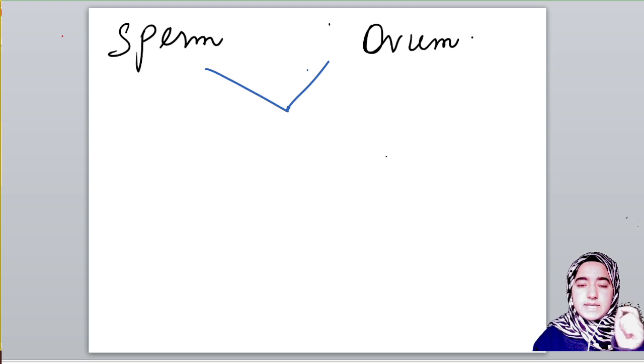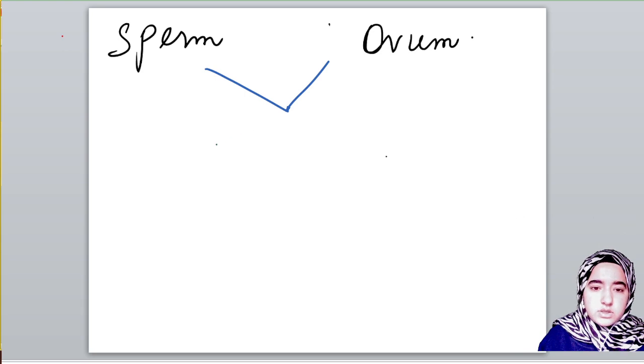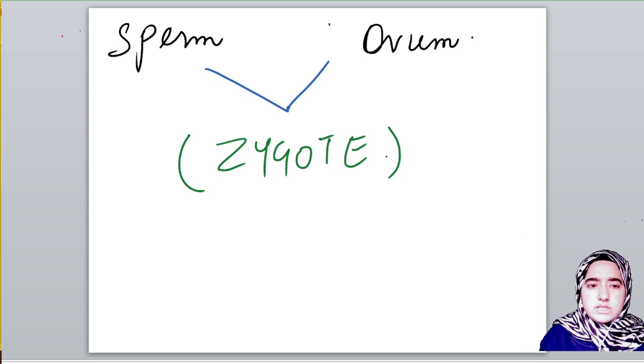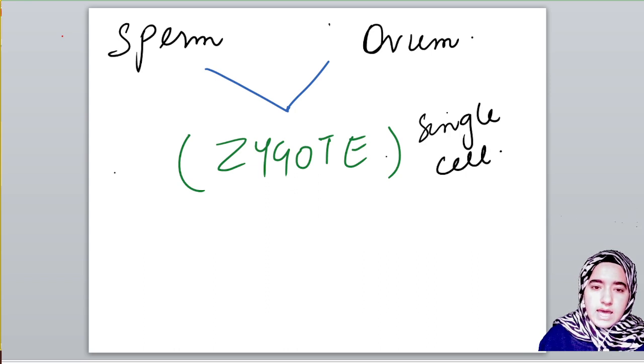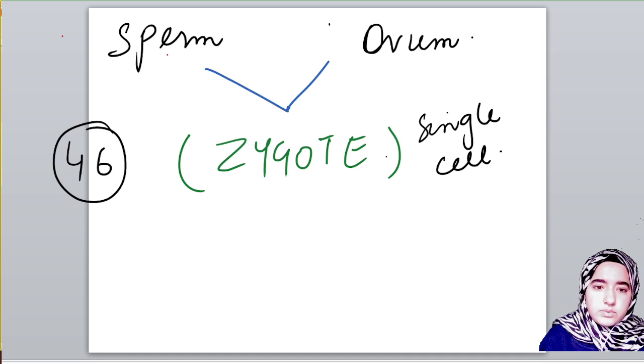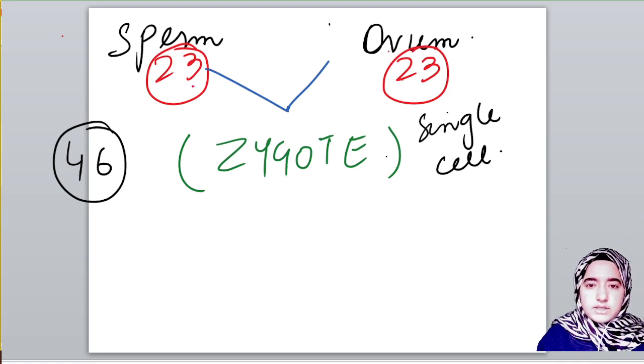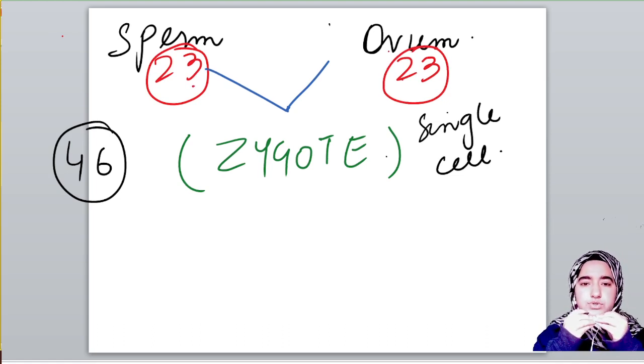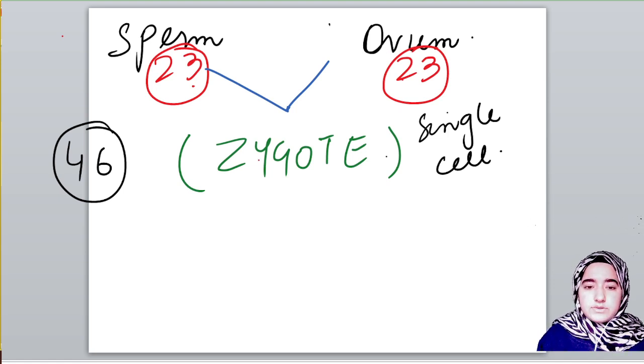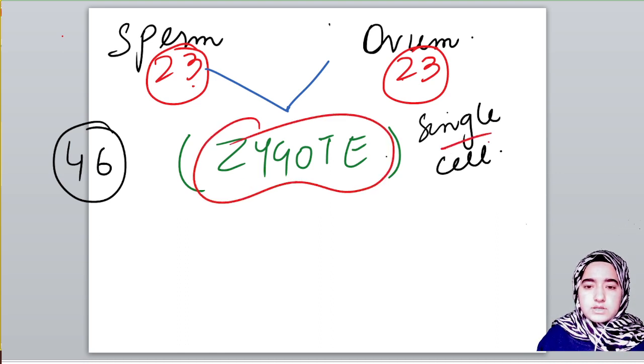Say for example sperm and ovum fuse together, they will form a structure known as zygote. Zygote is a single cell having chromosome number 46. Here sperm will have chromosome number 23 and ovum will have chromosome number 23. 23 and 23 will fuse and form a structure containing chromosome number 46, and that structure is known as zygote, which is a single cell.